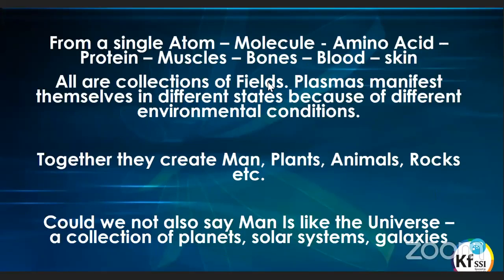And when we look at the way that we are made up, could we not say that man is like the universe? It's just a collection of planets, solar systems, and galaxies. So it really puts into perspective what we've often heard of, as above, so below. So this is how the plasma operates. It's just the scale that differs, or this different field strength which differs, but it all operates exactly the same.